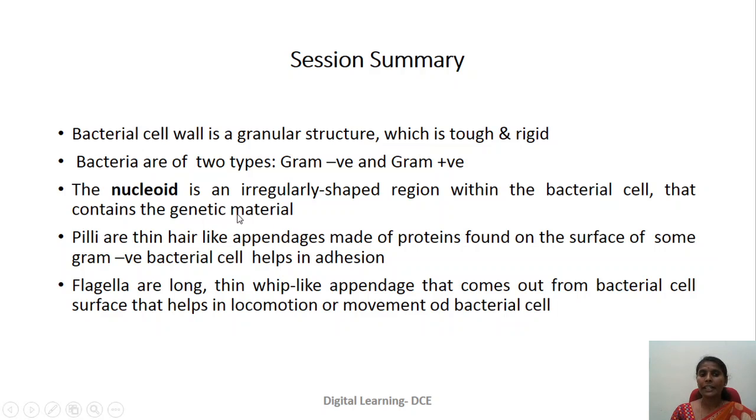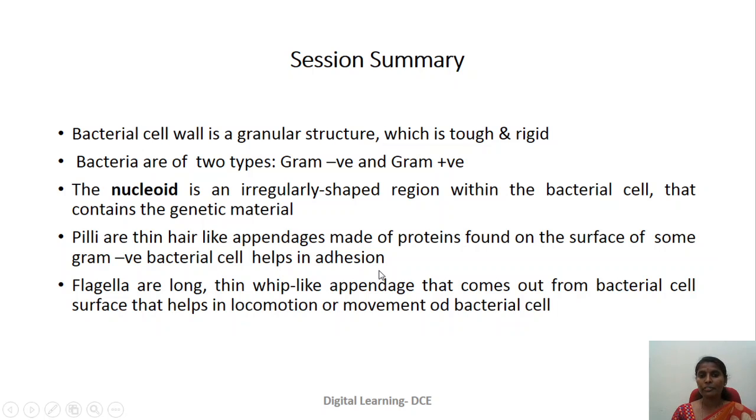The nucleoid is a genetic material which is otherwise known as the fibrillar DNA without the nuclear envelope and nucleolus. So hence this is a primitive nature which is a prokaryotic nature. The pili are thin hair-like appendages made up of protein found on the surface of the gram-negative bacterial cell, which generally help in adhesion.